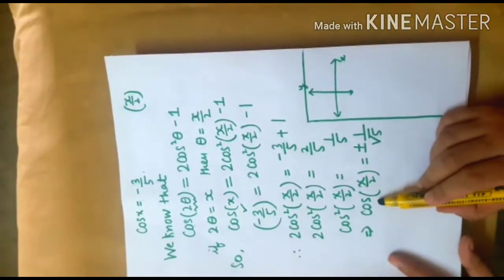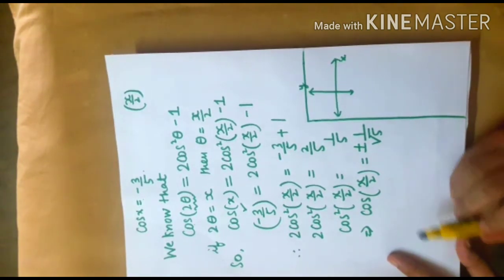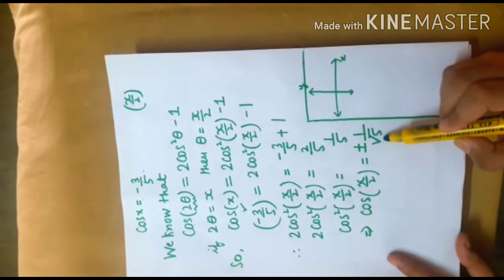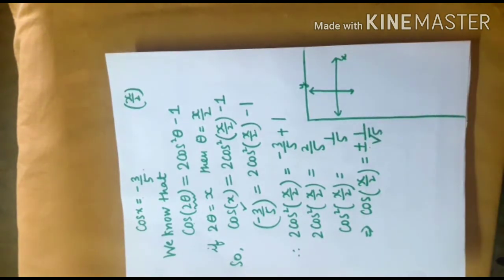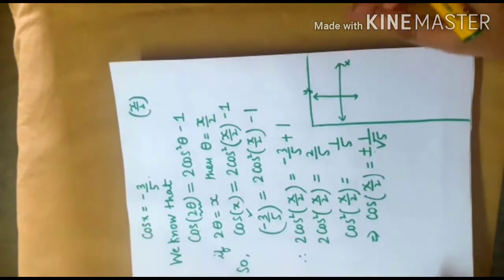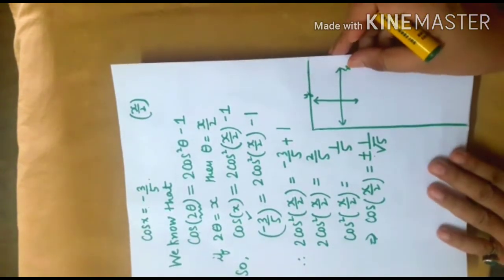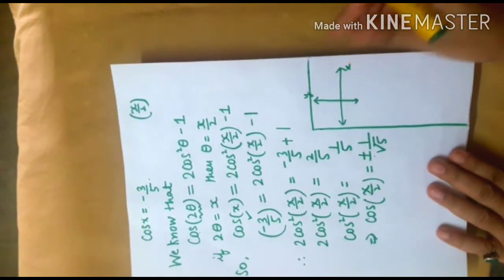So we have obtained two values of cos x by 2, 1 over root 5 and negative 1 over root 5. Now we are to decide which value is rejected and which value is accepted, right? According to the question, x lies in the second quadrant.